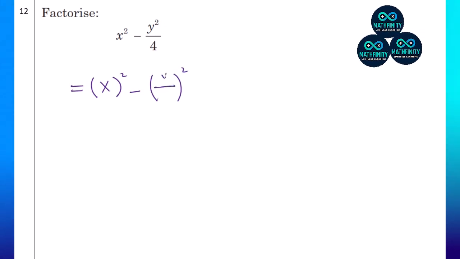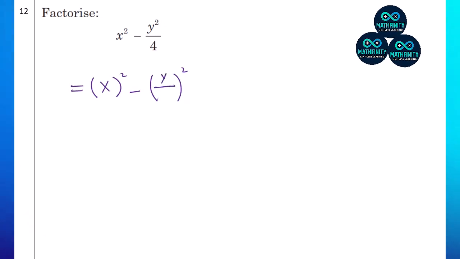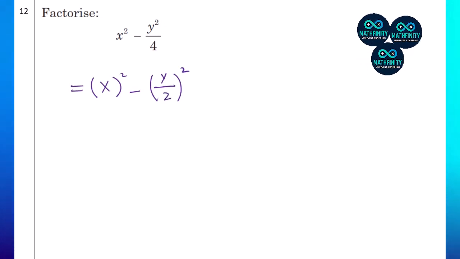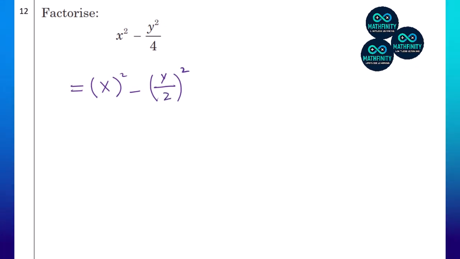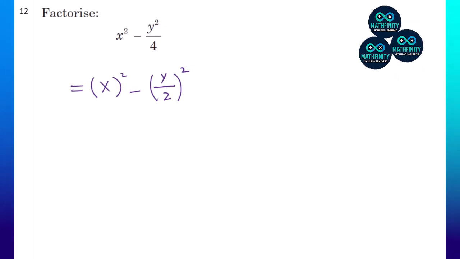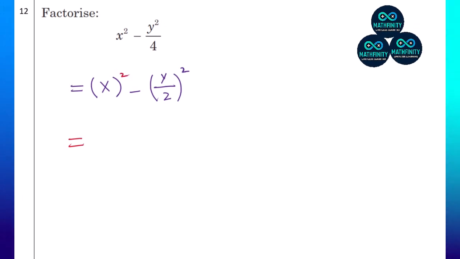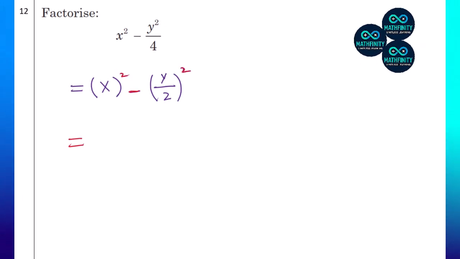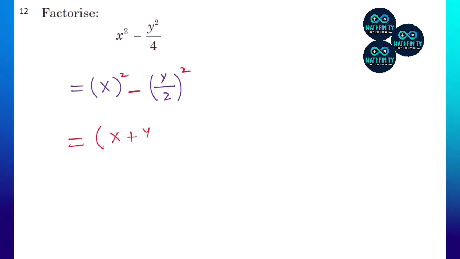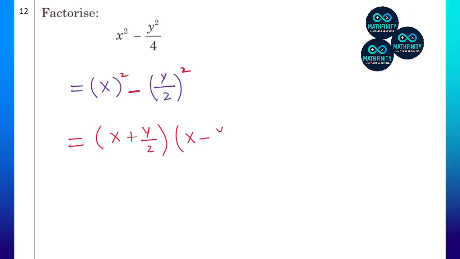Y square, so we write y, and for 4, don't write 4 inside, because you are taking the square root, so you have to write 2 because 2 times 2 is 4. This is the point where some students make mistakes. Now we completed the two squares and between them there is a negative. So one time we write them positive, x plus y over 2, and one time negative.